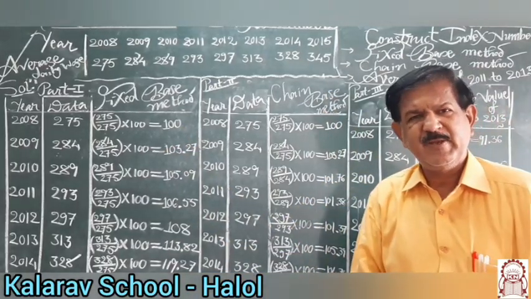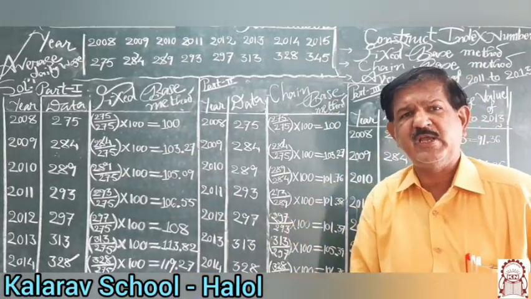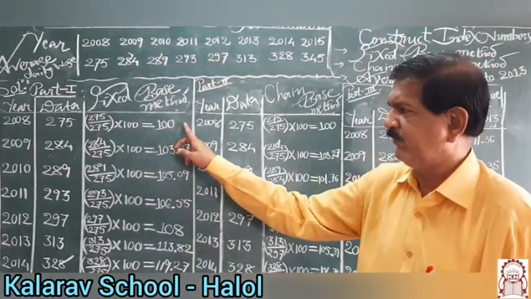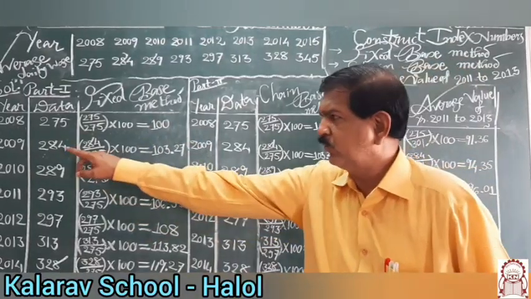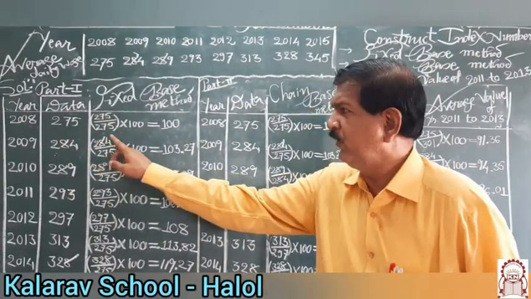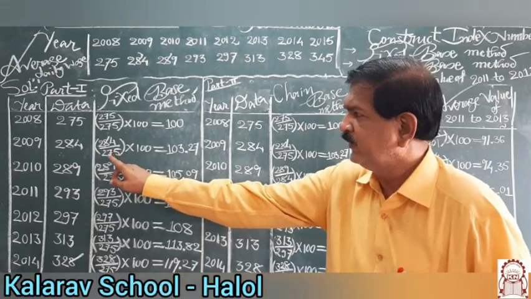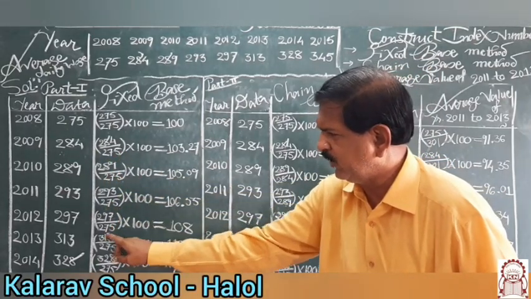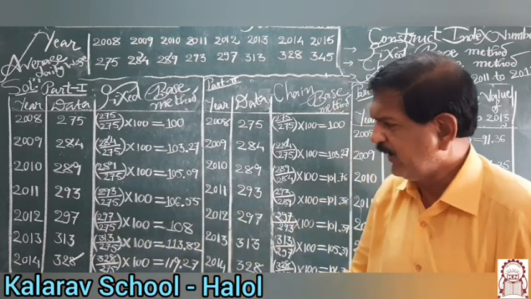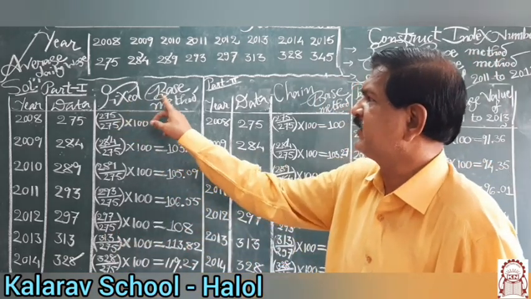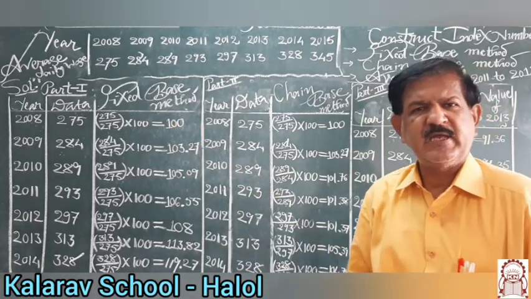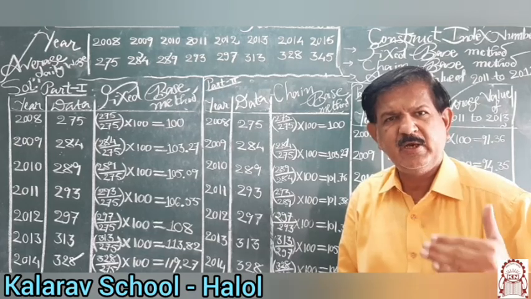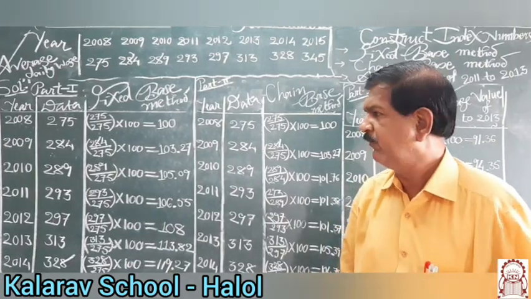For the fixed base method as well as for the chain base method, the first year index number would be 100. Similarly, for 2009, 284 upon 275. This 275 remains fixed for each and every year in the denominator, and that is why it is known as the fixed base method. Index numbers are generally constructed by using two methods: fixed base method and chain base method.